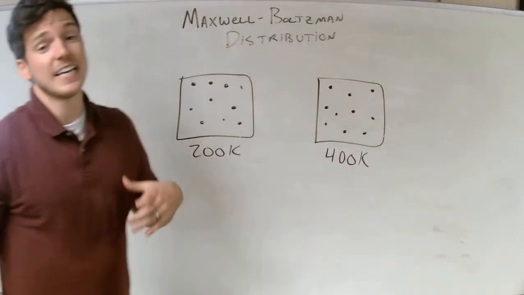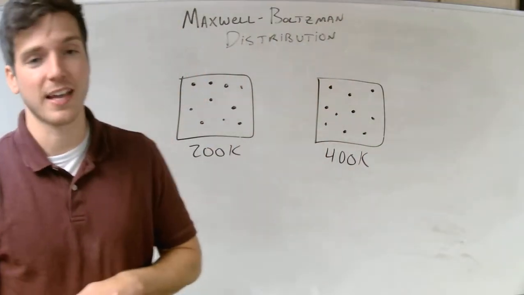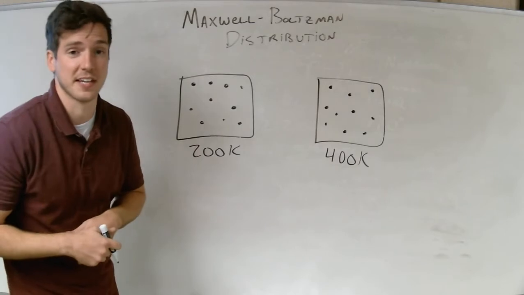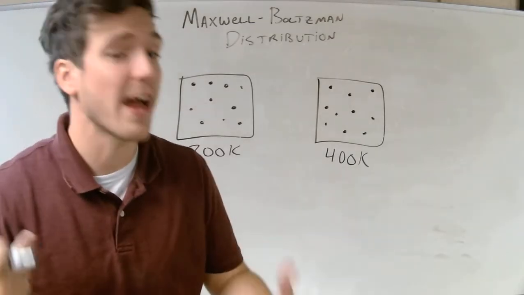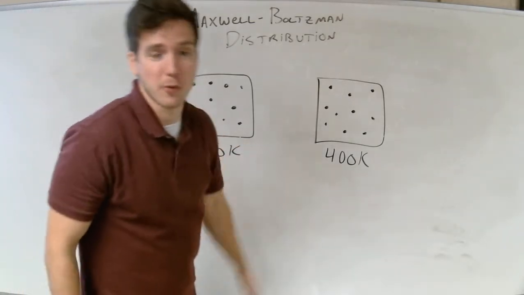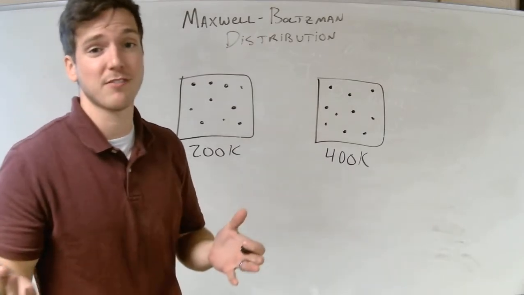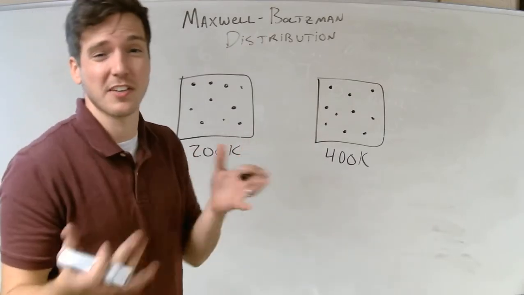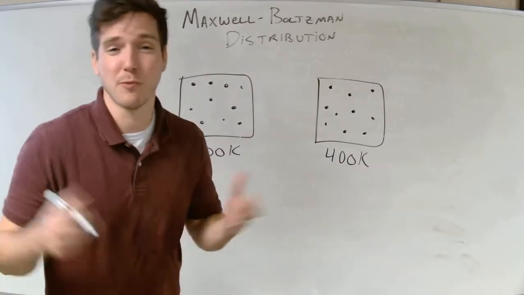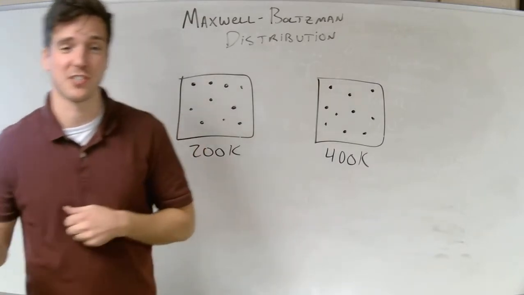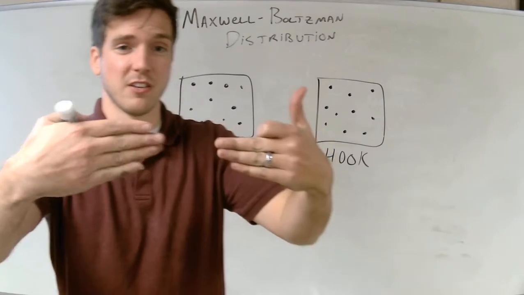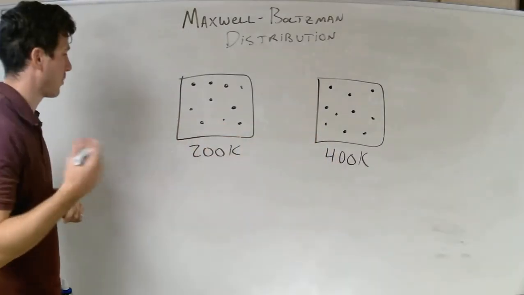It is good to know that all these gases won't be traveling at the same speed. Yes, on average, in the 400 Kelvin one the molecules are going to be traveling faster, but some will be traveling really fast and there will be one in there that travels kind of slow. If you imagine all these molecules bumping into each other, some of them will slow each other down after they bump into one another.